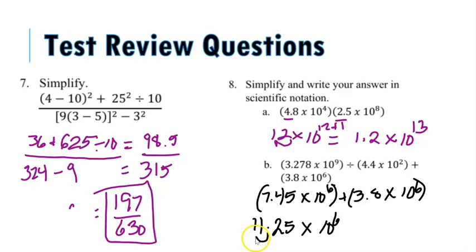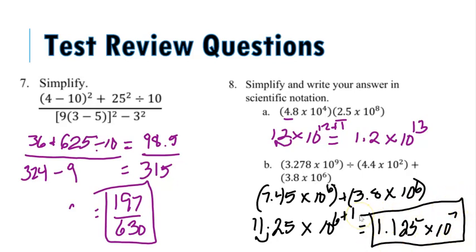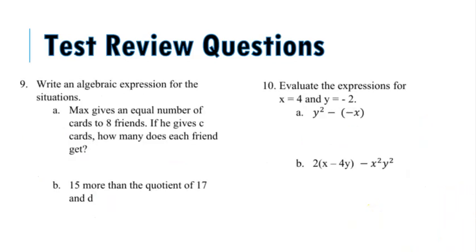I need to multiply it by 10. So this is going to be 1.125 times 10, and since I gained a decimal place, I gain an exponent, so that would be 10 to the 7th. So that would be our answer in scientific notation.